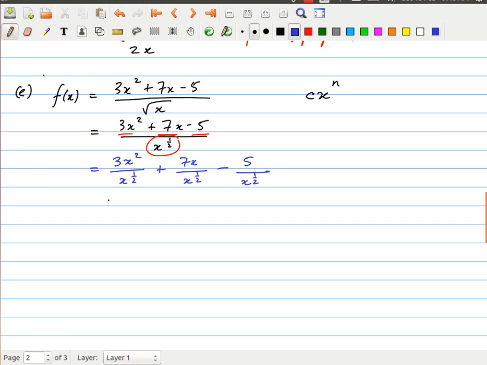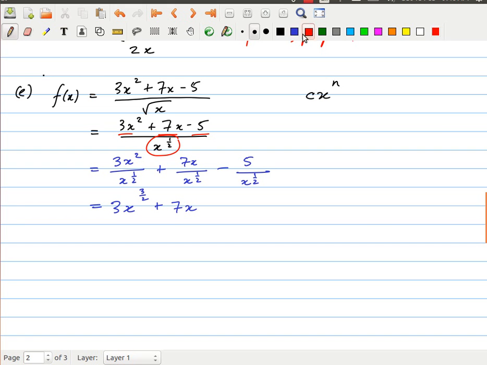By writing it this way, I can now take care of these exponents. I have 3x, with 2 in the numerator and a half in the denominator, which gives me 3 halves, 2 minus a half, plus 7 x to the 1 over x to the half, 1 minus a half.